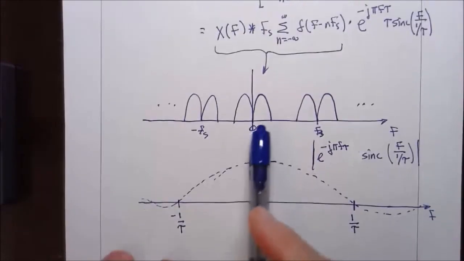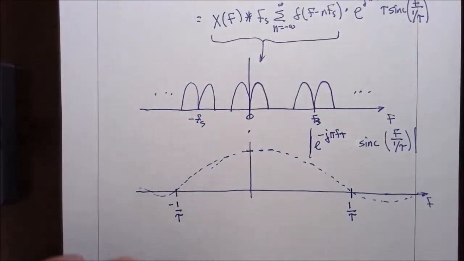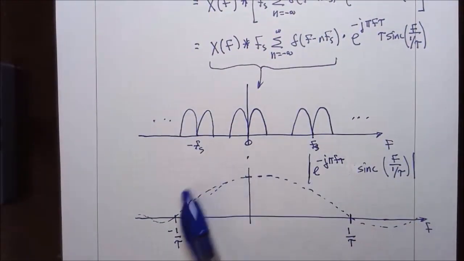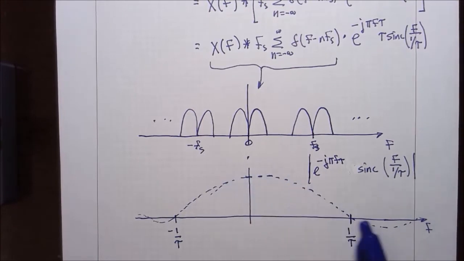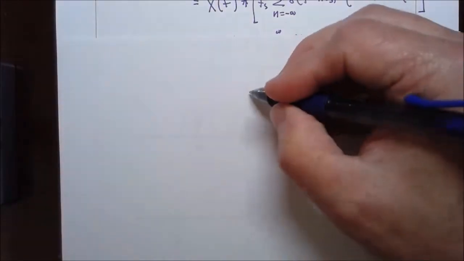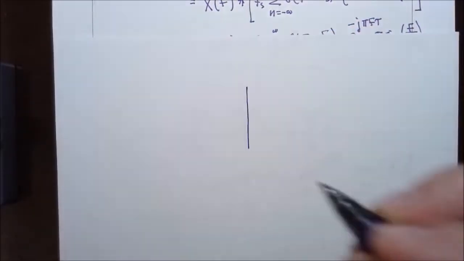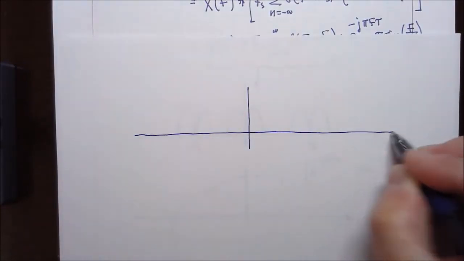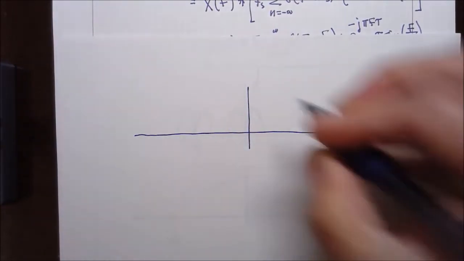So when we multiply the replicas of these shapes times this sinc function, we get a spectrum for the sampled signal.